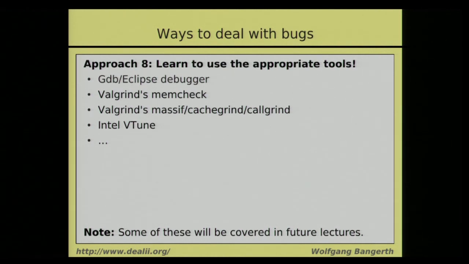For example, what I'm going to show you in the next lecture is that you can use a debugger. Then there are other tools like Valgrind's memcheck, or massif, cachegrind, callgrind. These are tools that help you find bugs in your code. And you should learn to use them because they help you find bugs. As I say, some of these will be covered in future lectures.